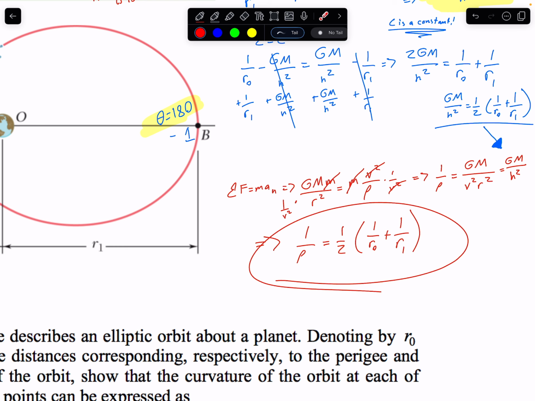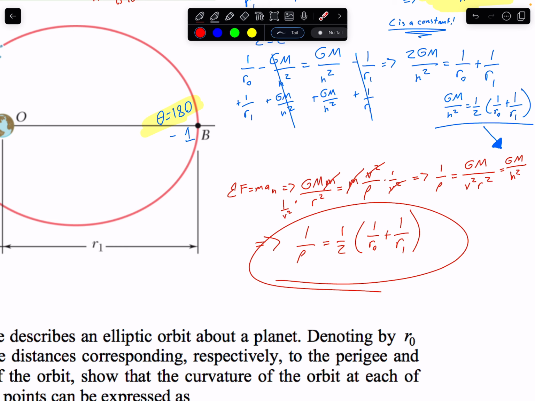So we get G times M times little m over r squared is equal to little m times v squared over the radius. And so little m's cancel.